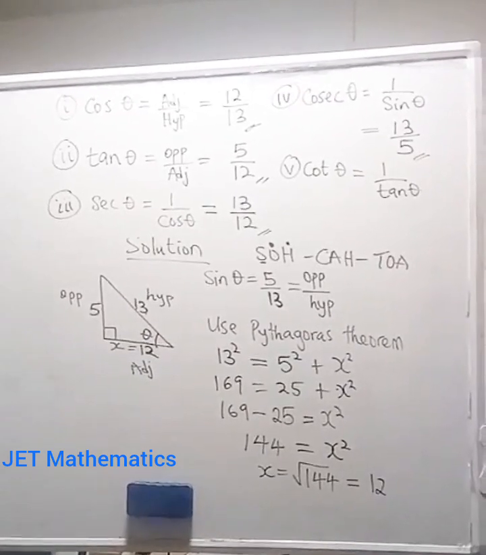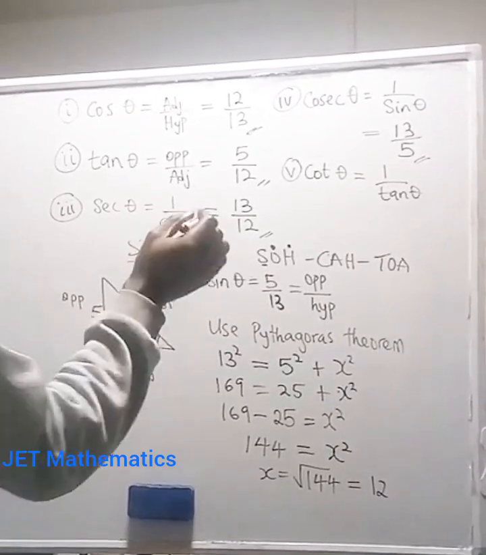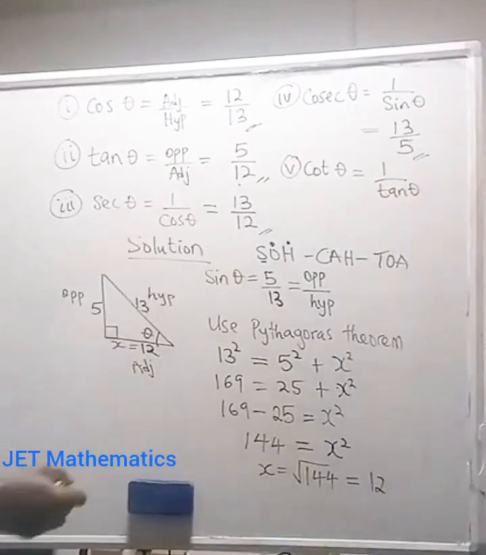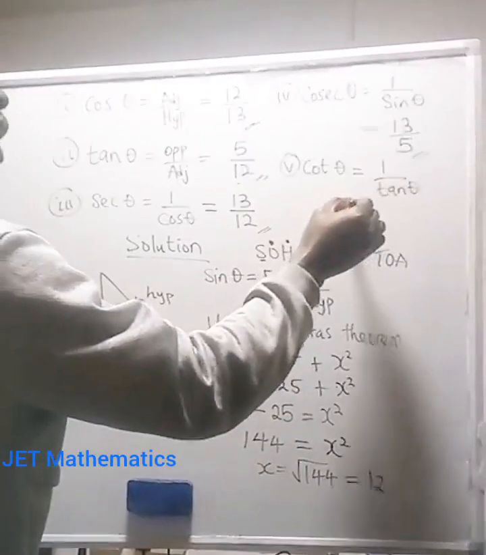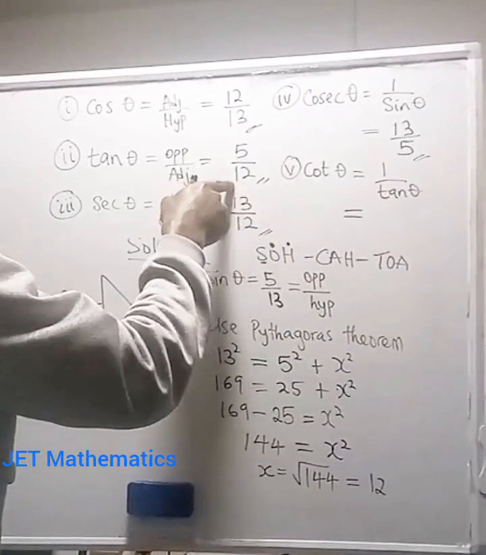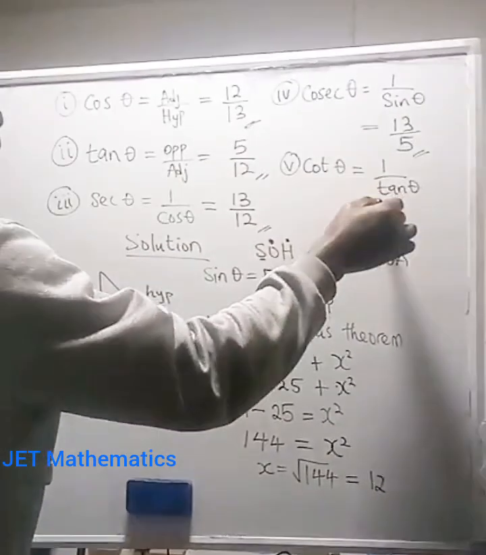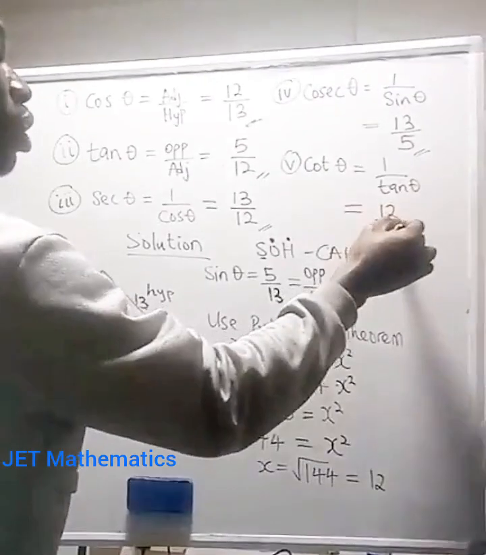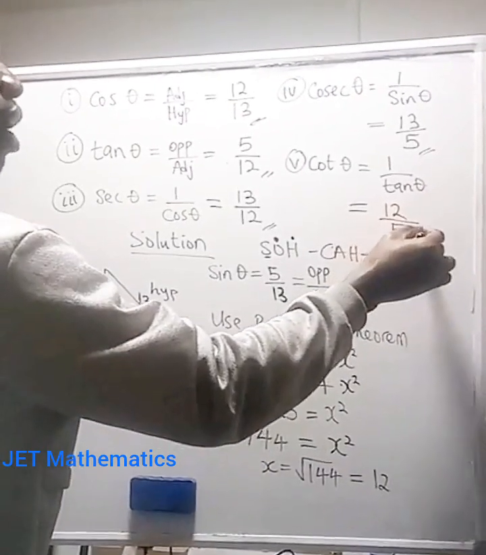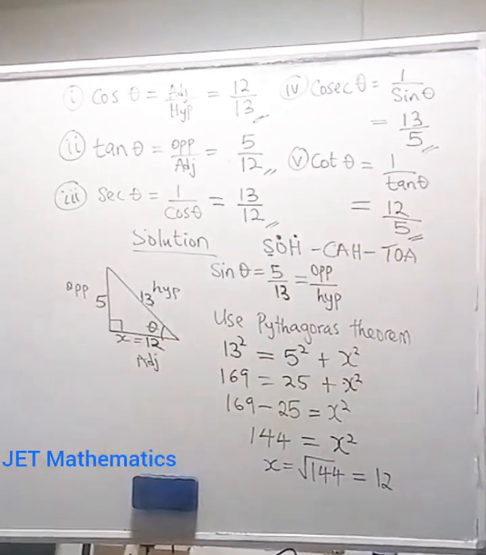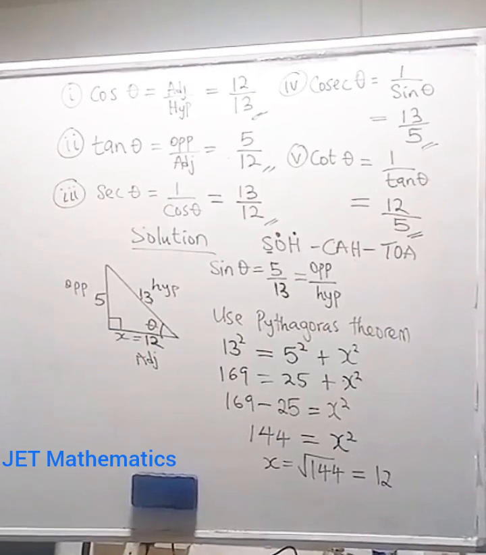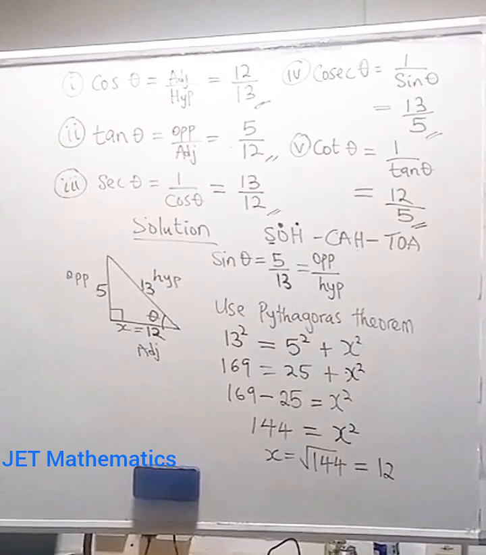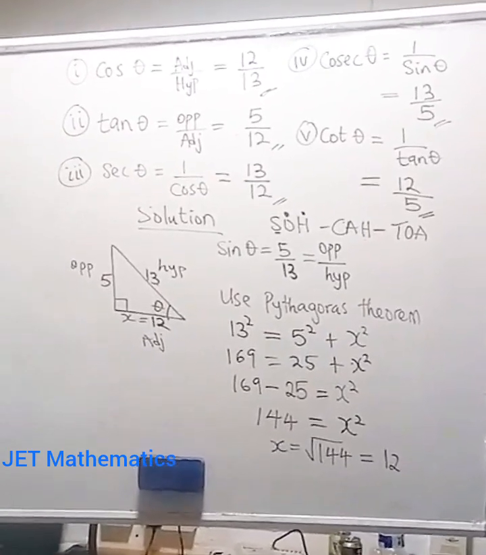So what we need to do is just to take the inverse of tan. Look at our tan here. So we take the inverse, and that inverse is 12 over 5, the denominator goes up and the numerator goes down. So these are the solutions to the question given to us.